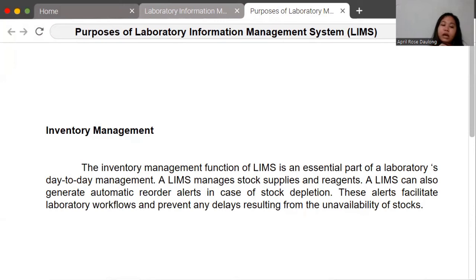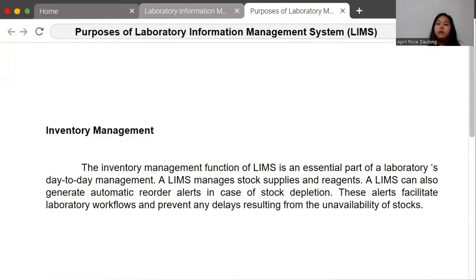This keeps the lab workflow moving and prevents delays or issues arising from a lack of stock. A LIMS can also help to keep detailed and up-to-date information about your equipment and notify when any equipment is due for upgrade or maintenance.